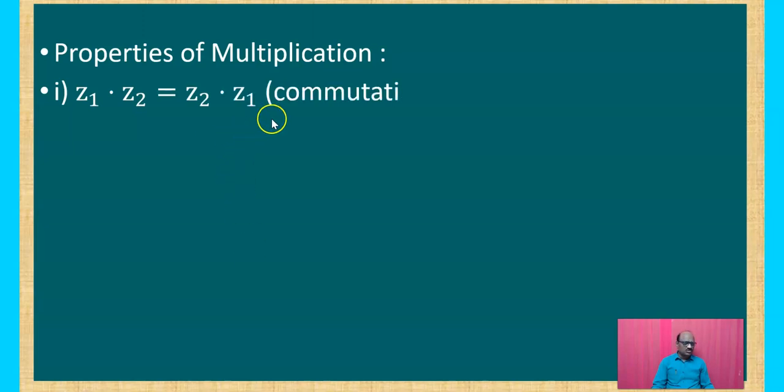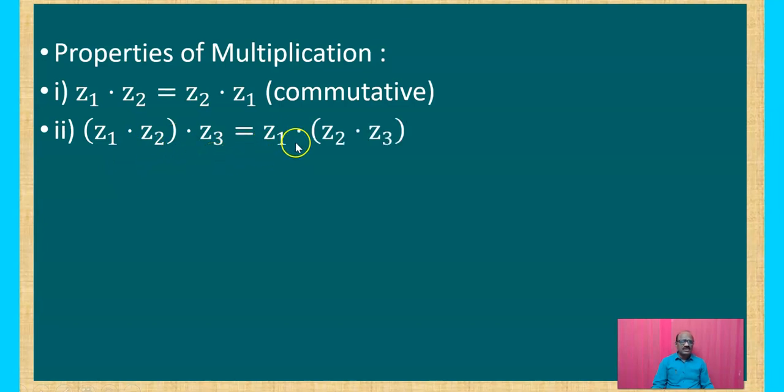Now the properties of multiplication. First is z1 into z2 equals z2 into z1, this is commutative. Next is (z1 into z2) into z3 equals z1 into (z2 into z3), that is associative.